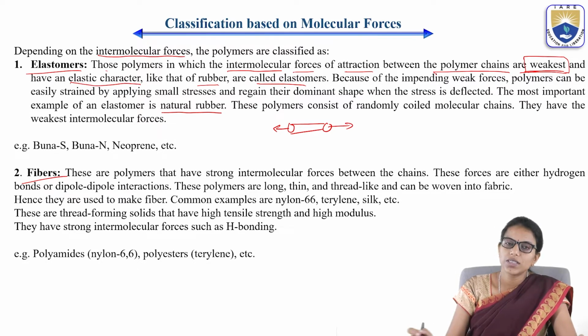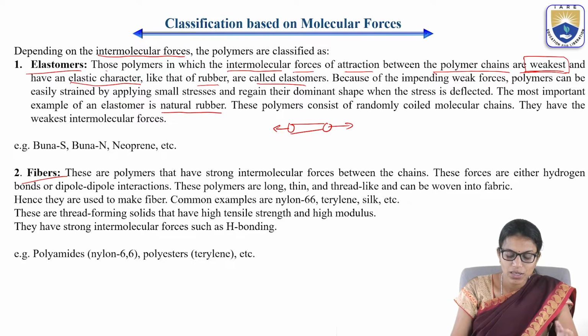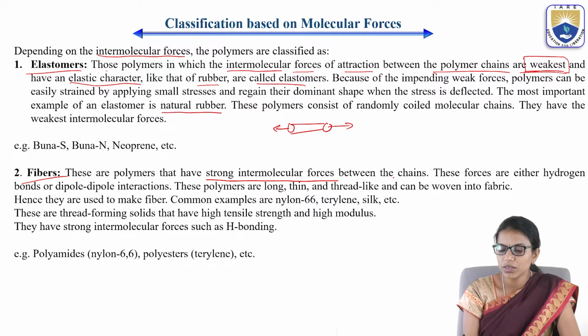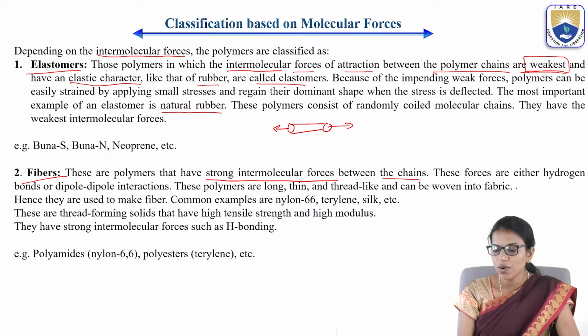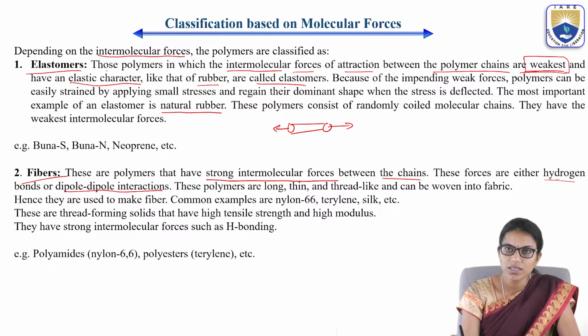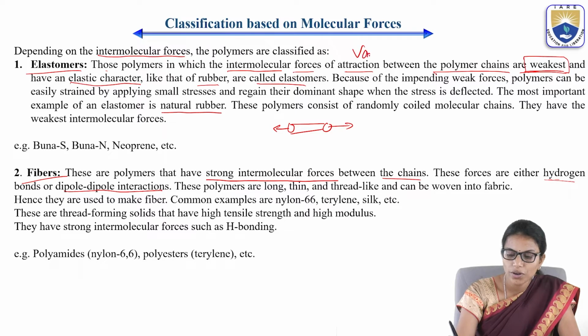Now coming to the second part, that is fibers. These are polymers that have strong intermolecular forces between the chains. These forces are either hydrogen bonds or dipole-dipole interactions. While in elastomers, generally the forces are van der Waals forces, because it is the weakest interaction.